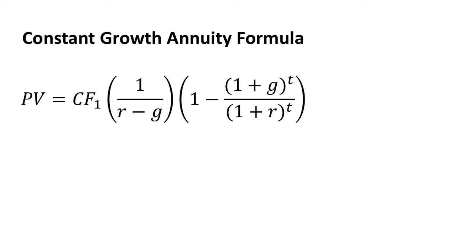It is not like the original annuity formula. If you're wondering why it differs by more than just R minus G in place of R, you'll have to look at a derivation. You can find a derivation for these kinds of formulas, or at least the concept of it, on the bottom of page 34, or you can look up a derivation of a constant growth rate annuity formula. I think for our purposes, memorizing will be sufficient.